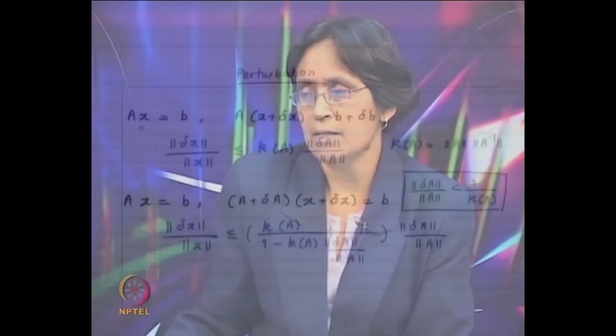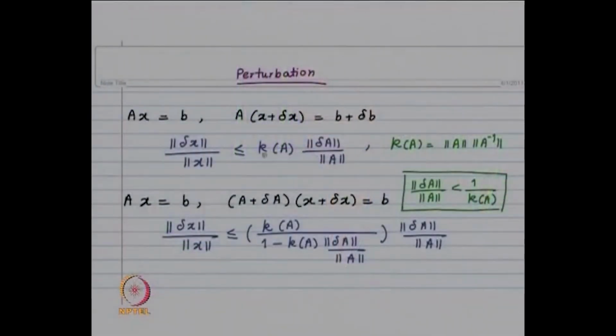So, our exact system is Ax = b. If there is perturbation only in the right hand side, then we proved that the relative error norm delta x by norm x is less than or equal to condition number of A into norm delta A by norm A, where the condition number is norm A into norm A inverse, and our assumption is A is an invertible operator, right hand side b is not equal to 0.